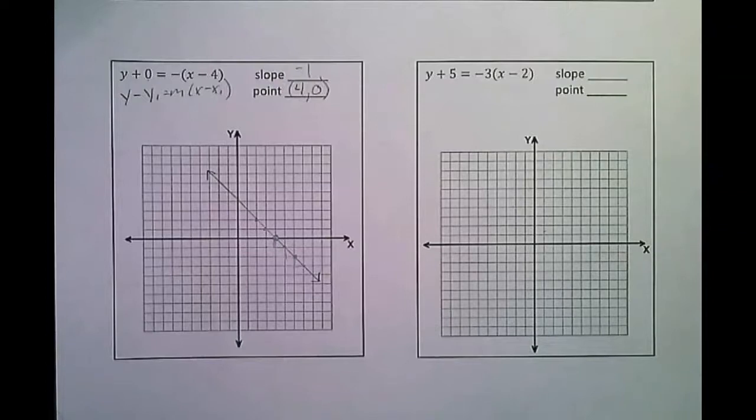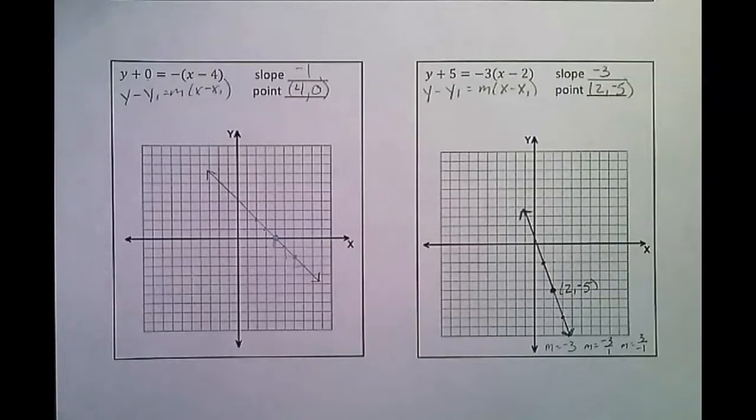I want you to pause the video and try the next one on your own. All right, so if you wrote that formula underneath, that helps you think about your positives and negatives, because that's the part that's the most complex and is going to throw you off when it comes to point slope form. So our slope here is negative 3. Our point is 2, negative 5.